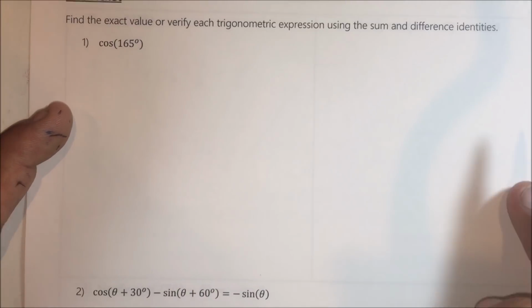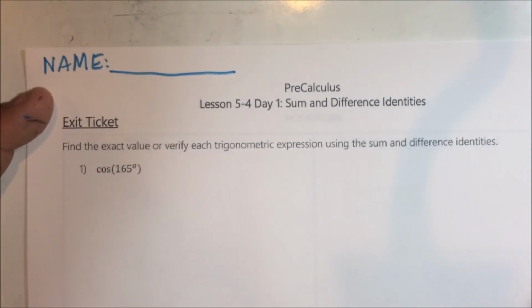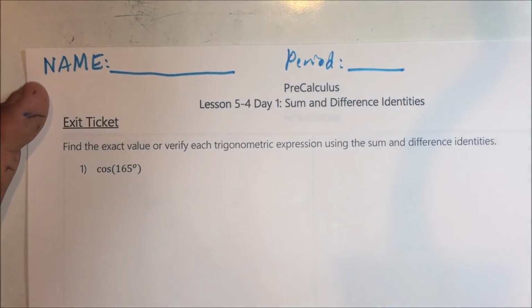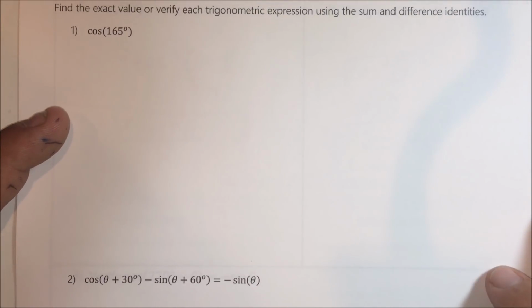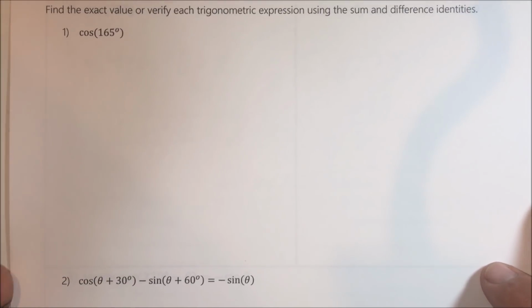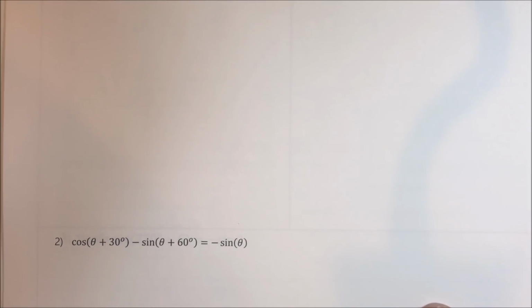So try to work these out too. Go ahead and hand them to me. Please, again, place your name at the top so that I know who you are, and your period as well. And be sure you give this to me instead of your notes, and then I can check it and make sure that you've done it correctly, or I can come by and help you so that you can get this.